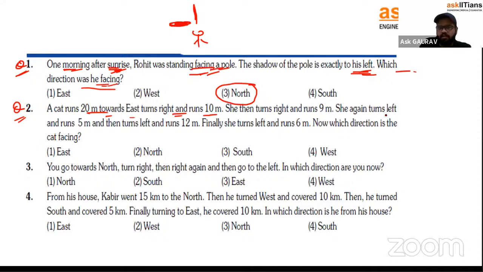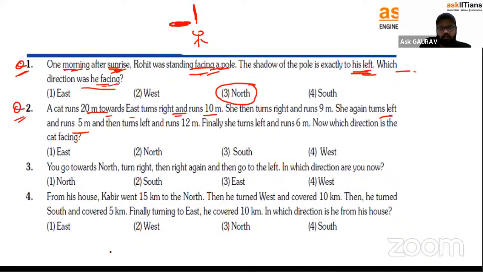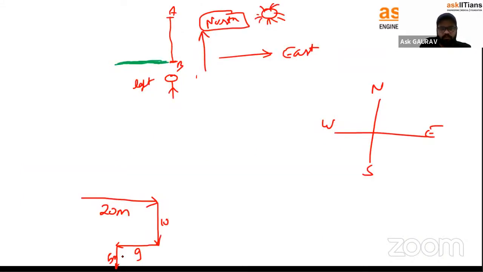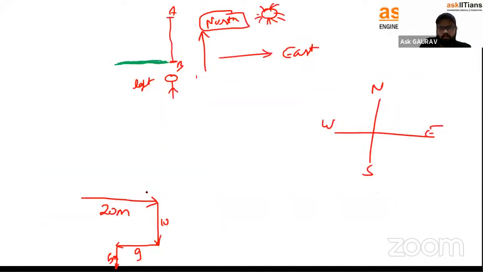Then she again turns left and runs 5 meters. Turn left. Left will be here. This is 5 meters. Then he turns left and runs 12 meters.